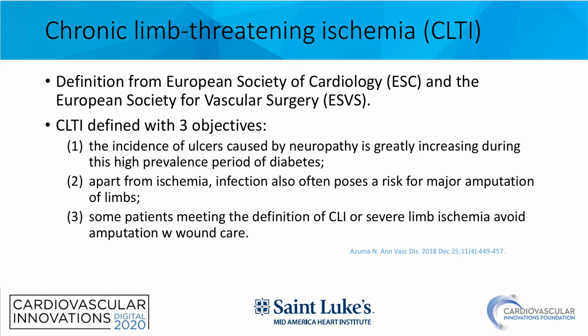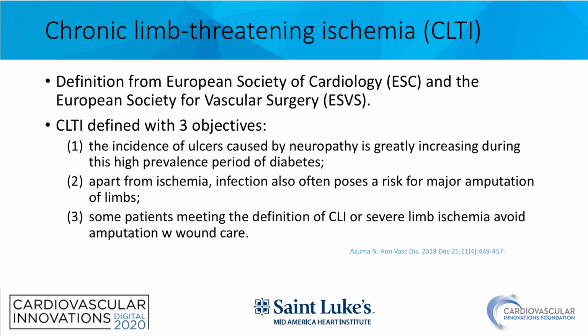In 2018, the European Society of Cardiology and the European Society for Vascular Surgery published a statement proposing a new term of chronic limb-threatening ischemia. The objectives for defining CLTI were to expose that the incidence of ulcers caused by neuropathy has greatly increased, as associated with the prevalence of diabetes rising.